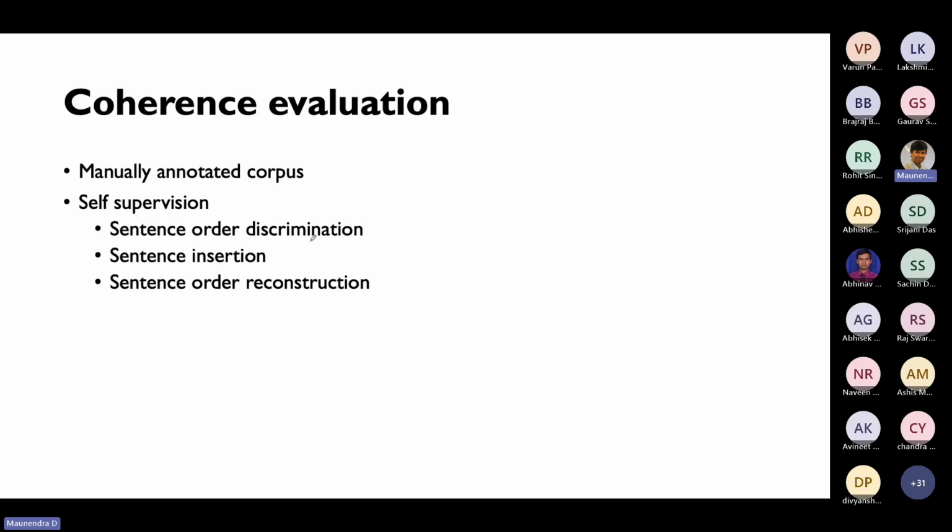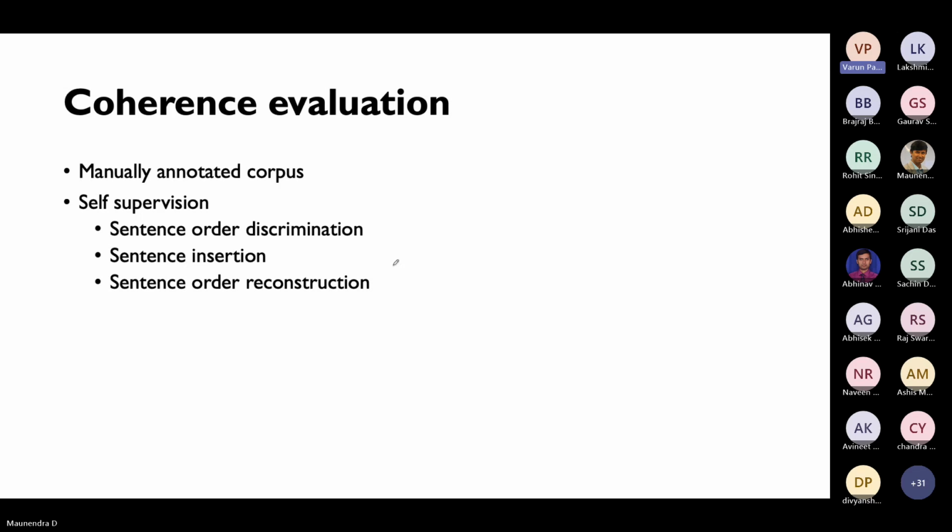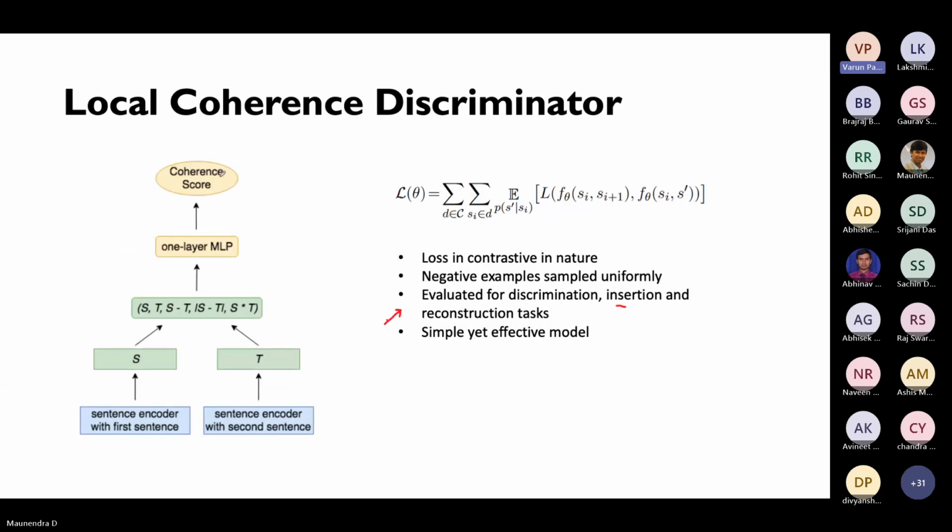That will tell whether they're adjacent or not, and similarly for the insertion task. Ideally, if the sentence is inserted at the correct place, then the coherence score will be higher than if it is put at an incorrect place. The task that we train this model for produces binary output, 0 or 1, as the coherence score during training time. But this can also be real-numbered scores.